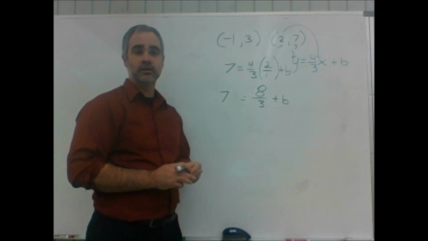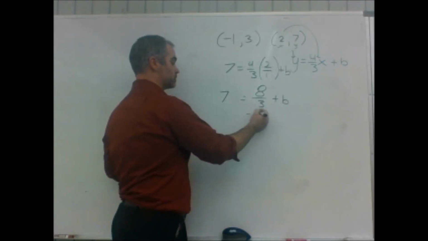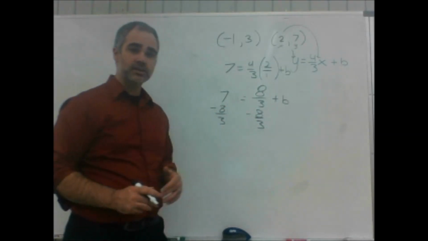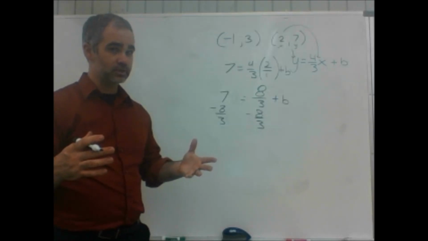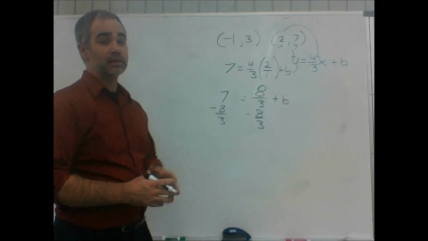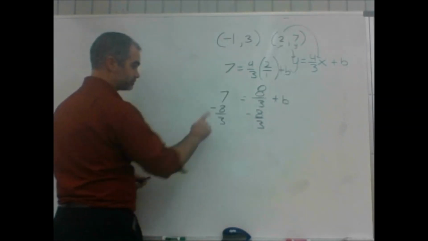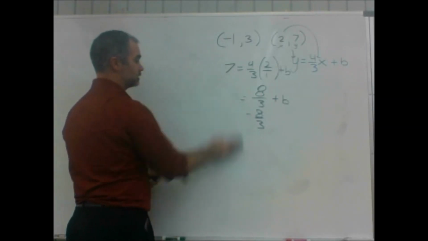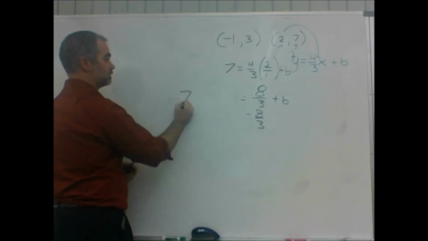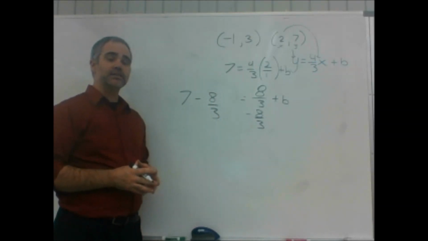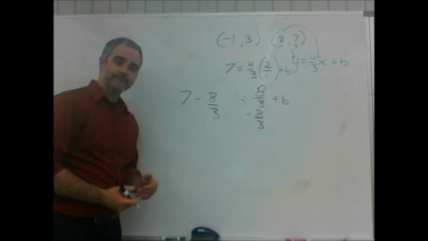Okay, so 8/3. I'm going to subtract 8/3 from both sides. Again, fractions are just numbers, so try not to freak out if you see this. So you can see 7 minus 8/3. Again, we're going to go back to 4th grade math and see if we can remember how to subtract fractions. I'm going to rewrite this as 7 minus 8/3. Remember, if you are adding or subtracting fractions, you need a common denominator.